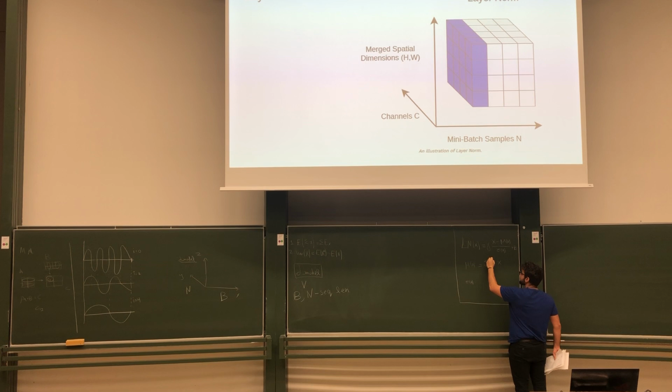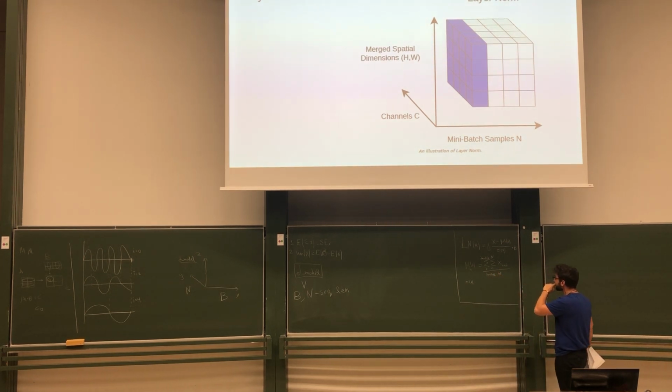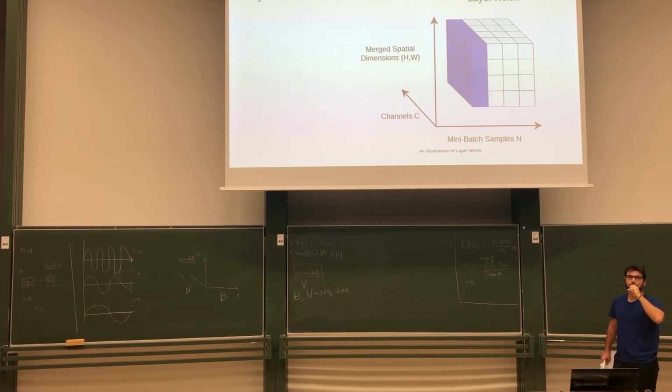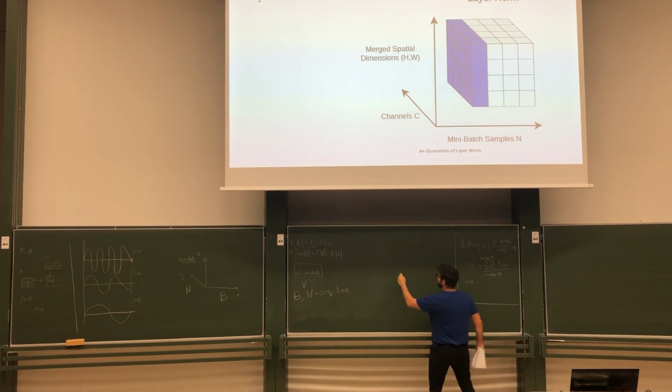So this is the index for the sequence, this is the index for the model dimension, and this is batch size, it's a vector. And m is 1 divided by d model n.